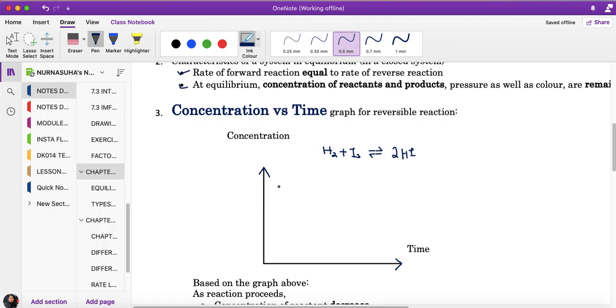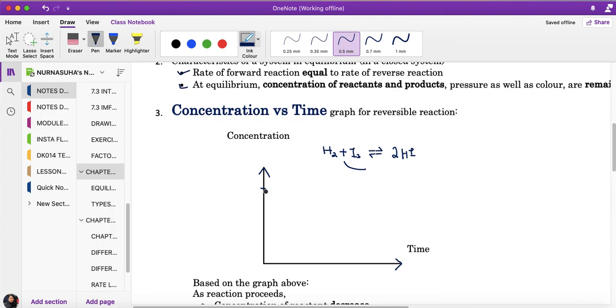Okay, so now kita tengok reactant. Concentration of reactant over time, dia akan berkurang. Kenapa concentration tu berkurang? Sebab concentration dia akan digunakan untuk menghasilkan produk. So pada awalnya concentration of reactant ni banyak kan.